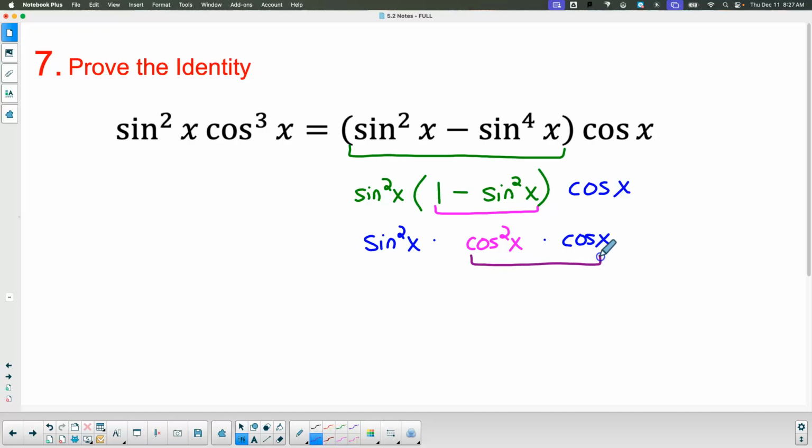Cosine squared times cosine is cosine cubed. So then this is just sine squared of x cosine cubed of x, which is what we needed.